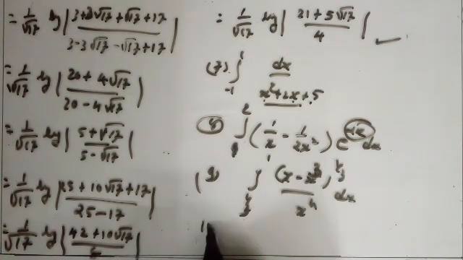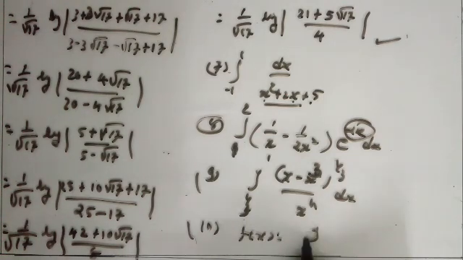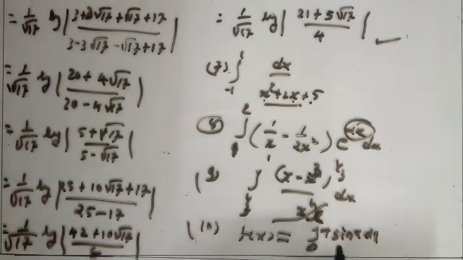Similarly, in question number 10, an important question: f(x) is equal to integral from 0 to x of t sin t dt, then f dash x is equal to blank.